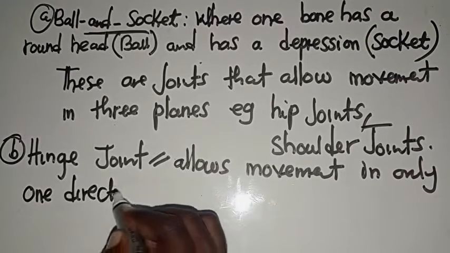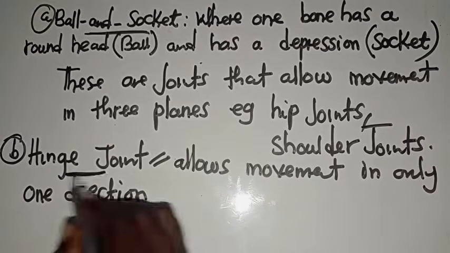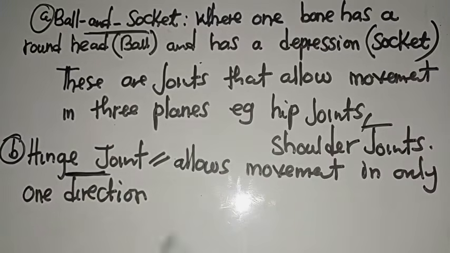So if I tell you to say, what is an example of a synovial joint that allows movement in one direction? We call it a hinge joint. It allows movement in only one direction.